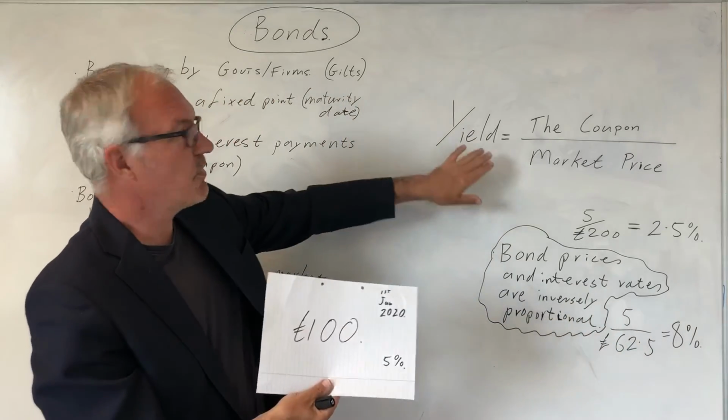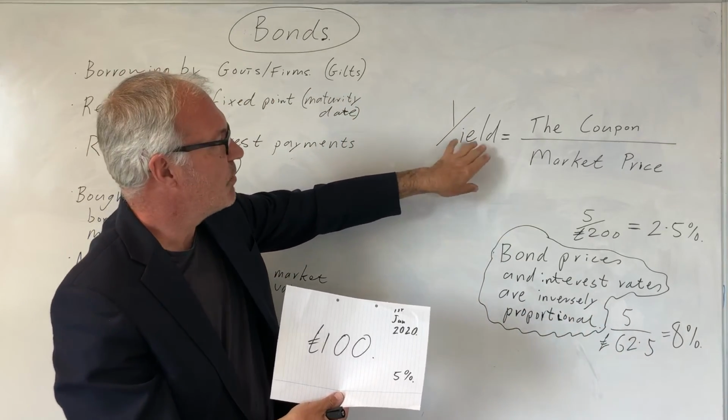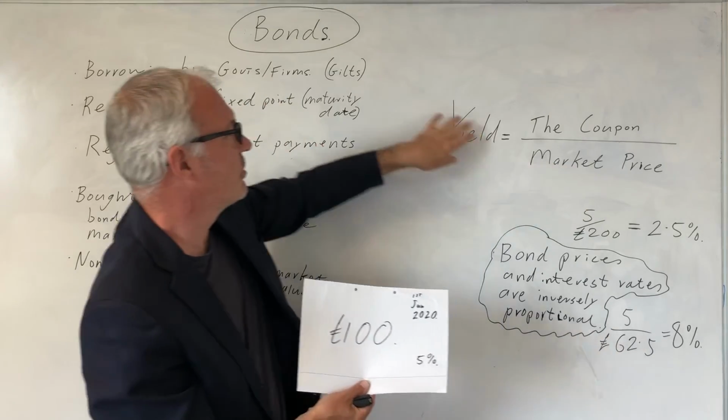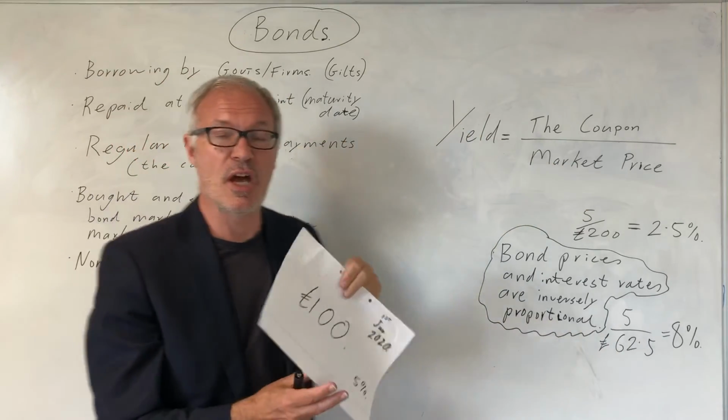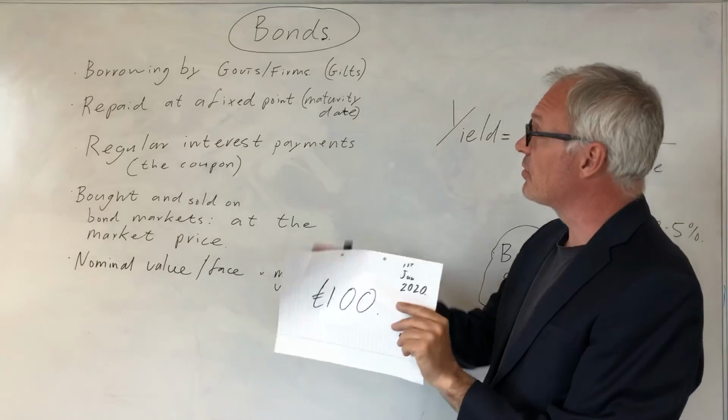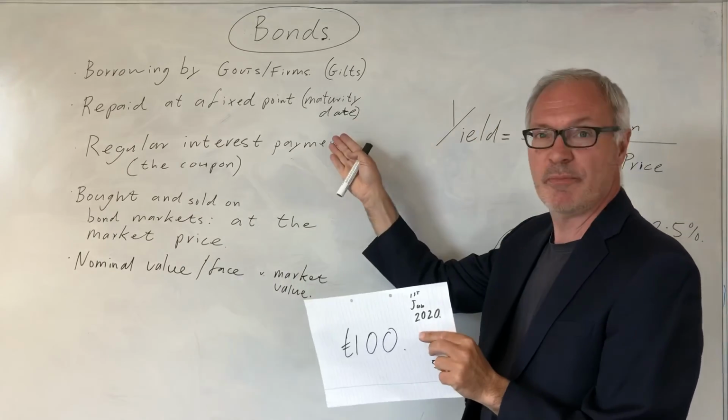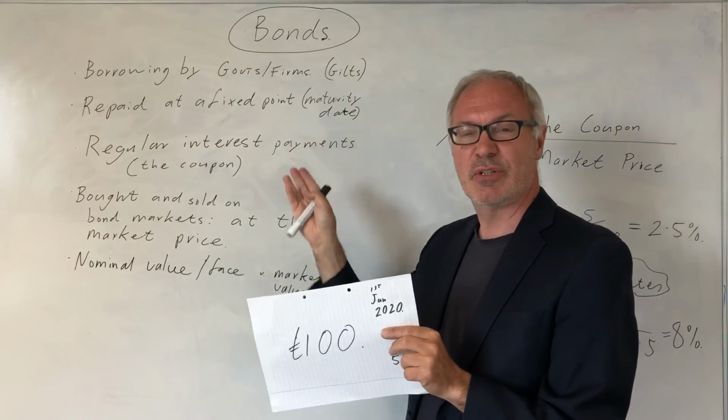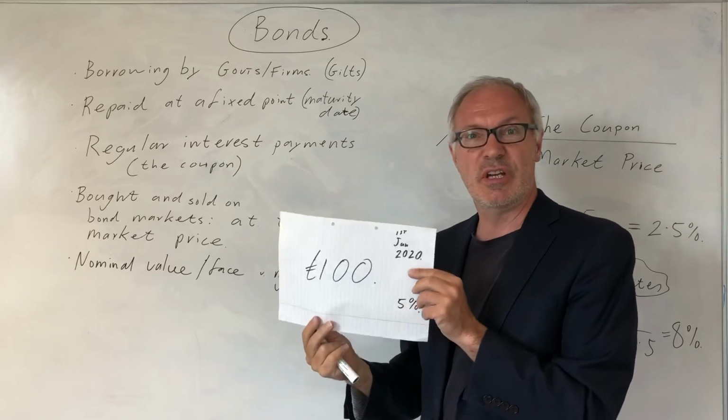So use this simple formula if you need to work out the market price or the yield on a bond. And most bonds are long term, they're meant to be pretty safe, but of course it depends who is issuing the bond.